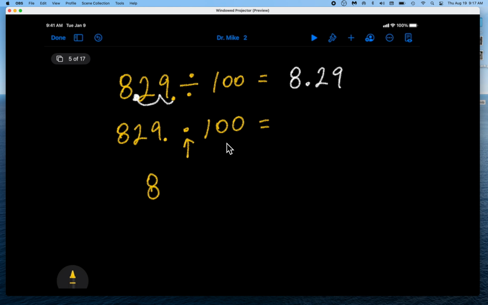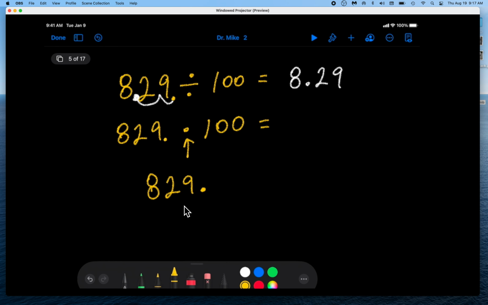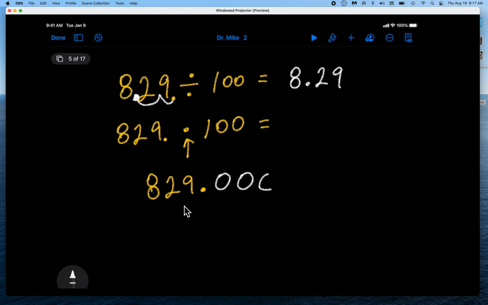So let's come down here and make this bigger by 2 zeros since we're multiplying. So we're going to move the decimal place to the right 2 places, but we are not going to move into blank space like this because it's too confusing. So what do we do? We put some placeholder zeros. Now we move 2 places to the right. Now we know where we're going. Final answer.